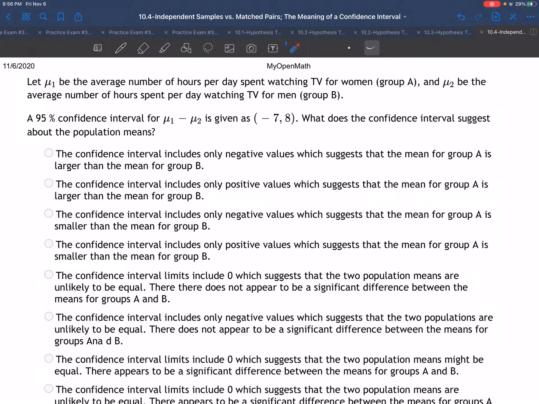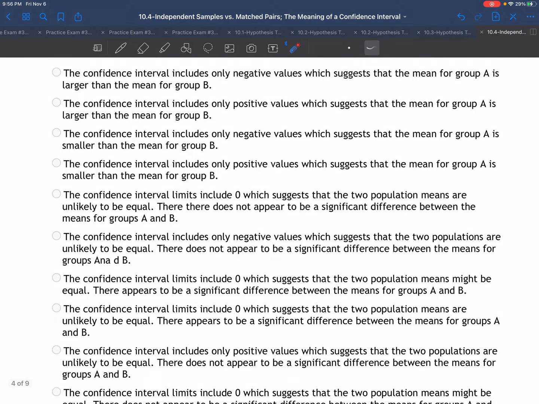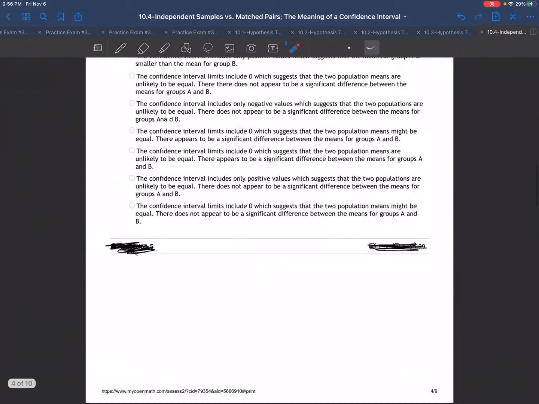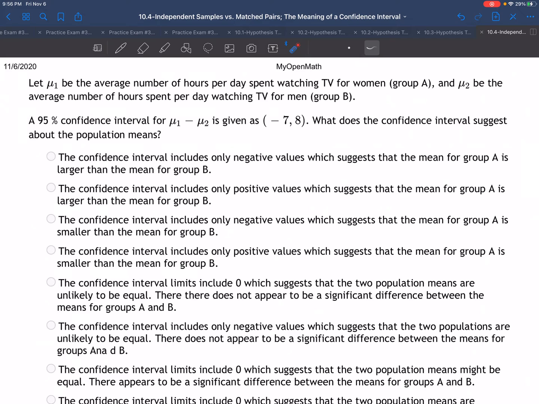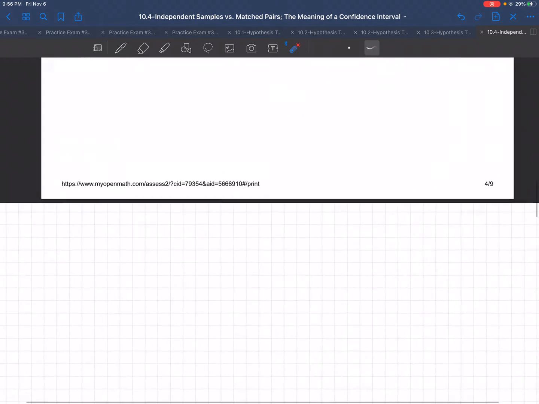Okay, so let me help with this. Let me give you both an idea and then appeal to you logically and then show you where it's at in the notes. Remember this is mu1 minus mu2, so think about what that means for a minute.